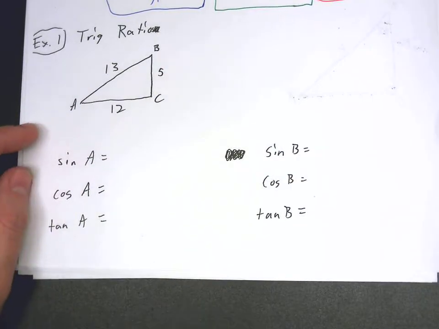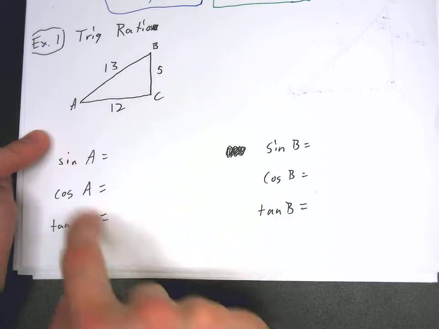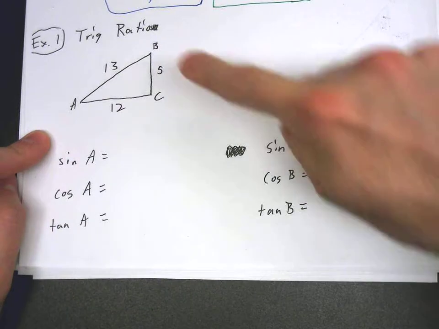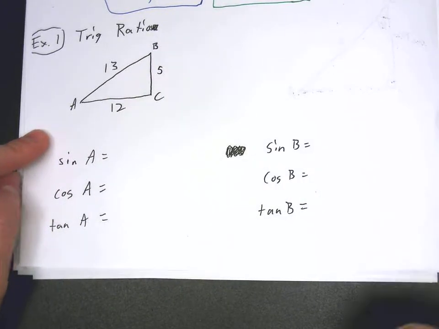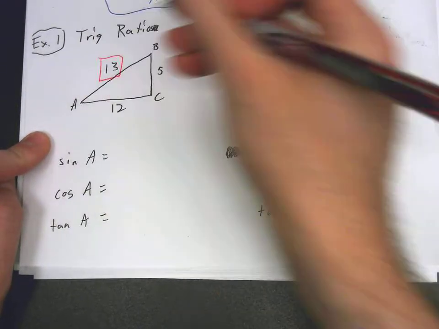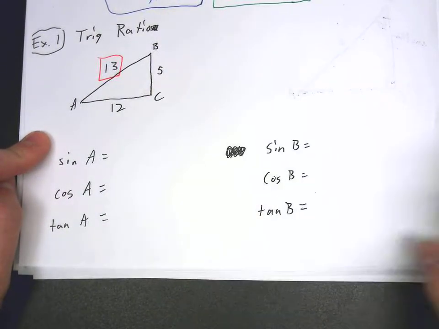So our first set here, these are going to be looking at angle A. The second set are going to be looking at angle B. So I'm actually going to highlight some of these with colors. We're going to make our hypotenuse red, so I'm going to box that in red. So when I write it down there, you'll see it the same color.